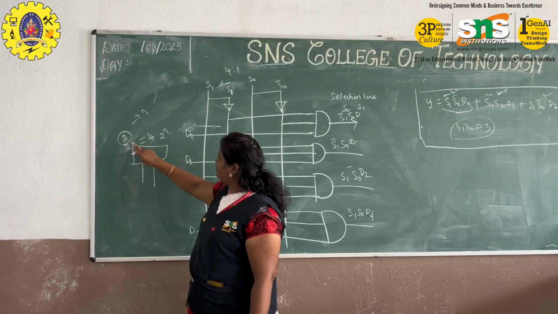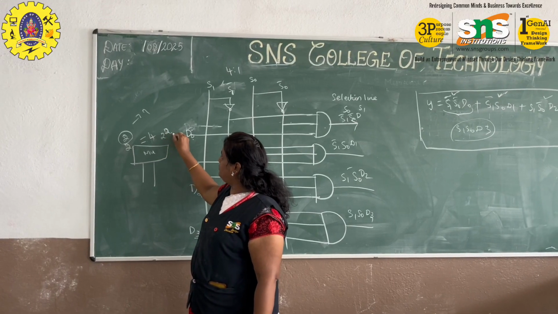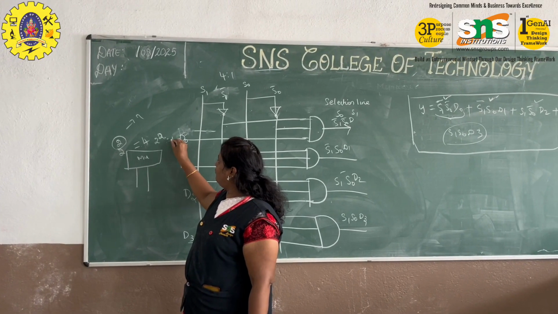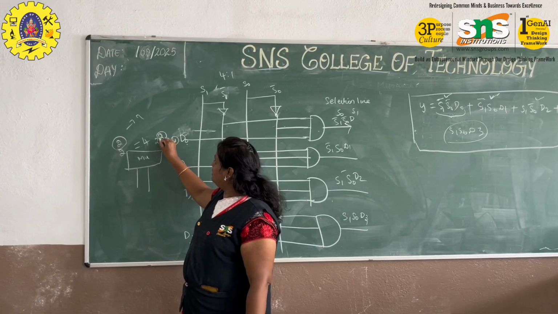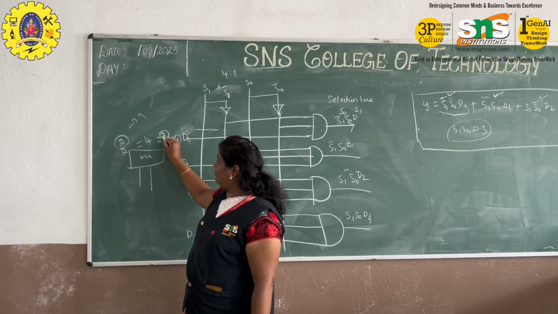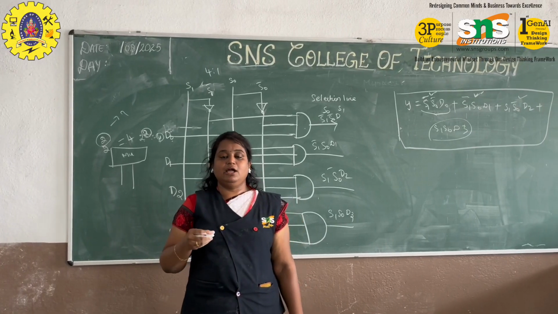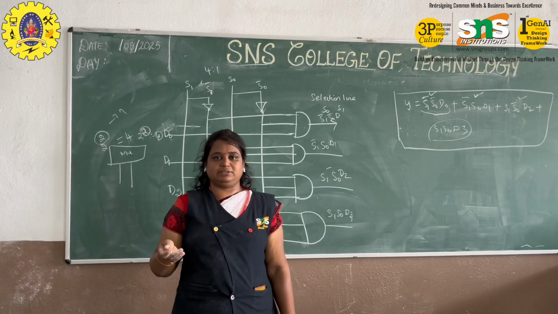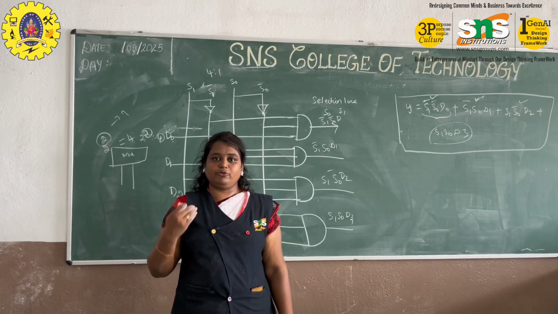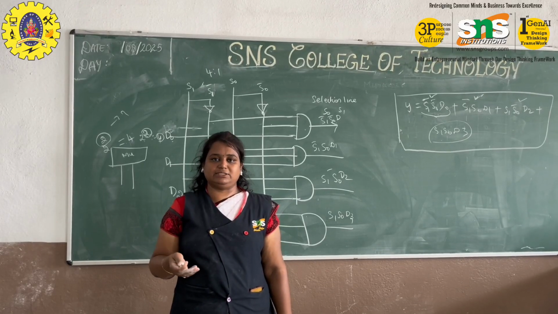If I want 4, I have to put the power of 2, so 2 is the number of selection lines. If I use 2 power 3, you have to put 3 selection lines. If I use 2 power 4, you have to put 4 selection lines.